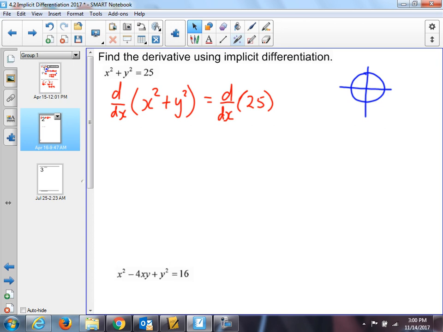So when we drag this operator through the left side, the derivative, and it's matching x, it's just 2x here, plus the 2y, but it's a mismatch, so we say dy by dx, because that y could represent something. And then the right side is 0.